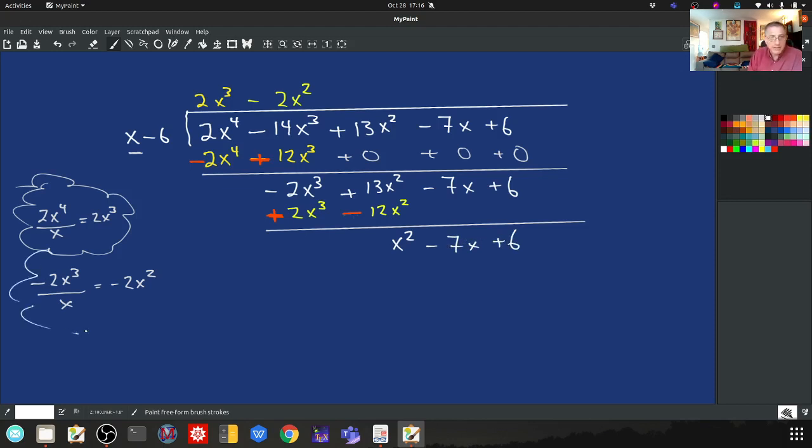So again, I take my leading term x squared and I divide by x. That's equal to x. So that's my next term in the quotient. x times x minus 6 is x squared minus 6x.